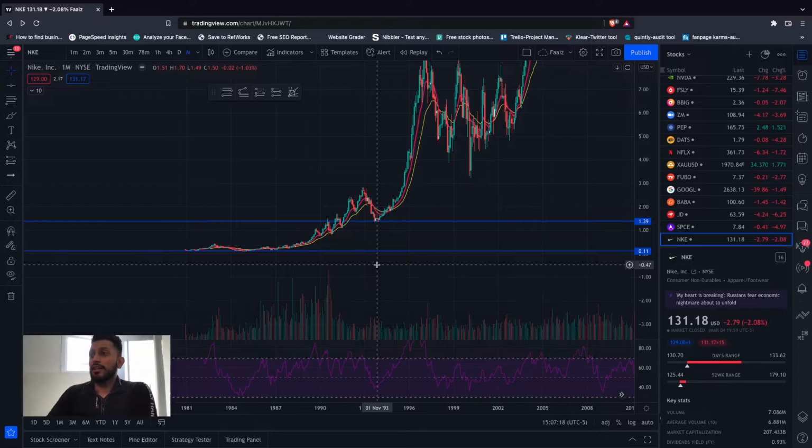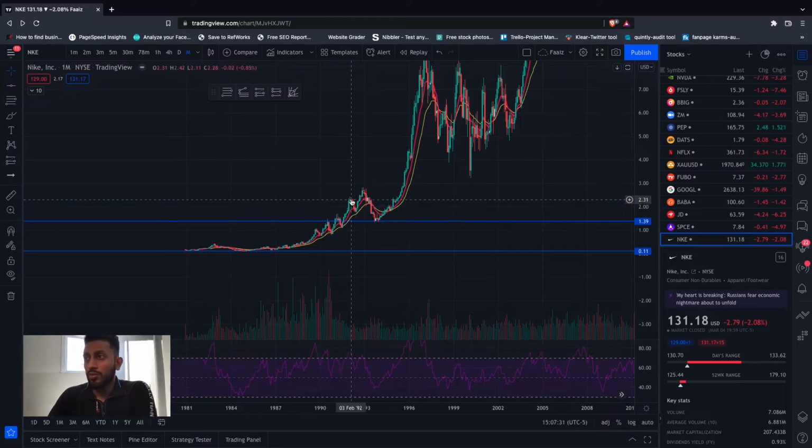Okay, now why did I draw this line here? Because I can see that Nike tried to go past this level twice and it failed, and then finally it broke out and then it retested. So this was resistance, it went up, came back down, retested that area as a support, and then it bounced back up. So old resistance became new support.